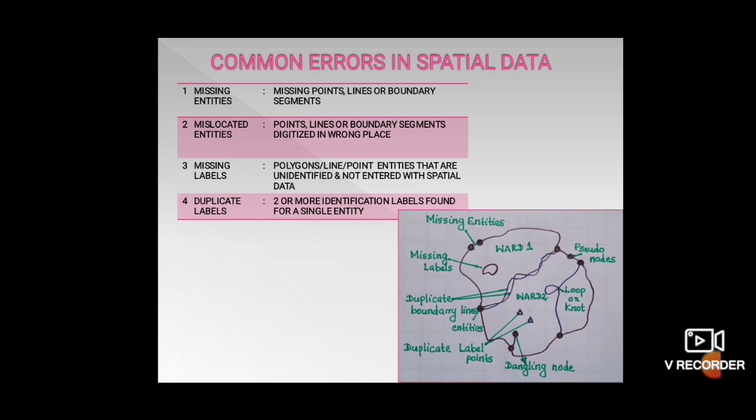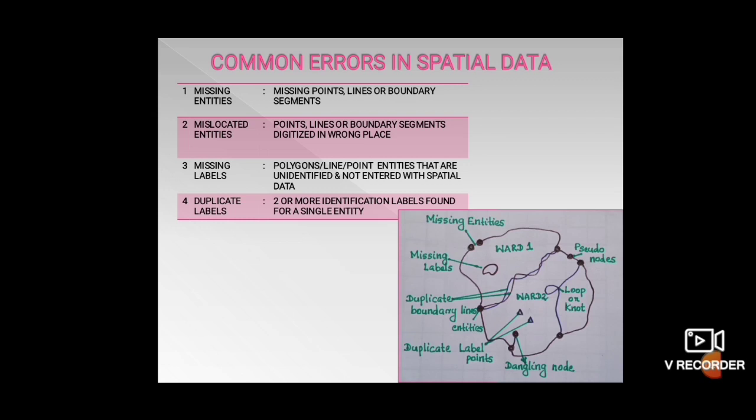Here again, you can look at the diagram, where a feature, maybe a pond, is depicted in ward 1, but no spatial reference is given to that entity. It is a missing label.